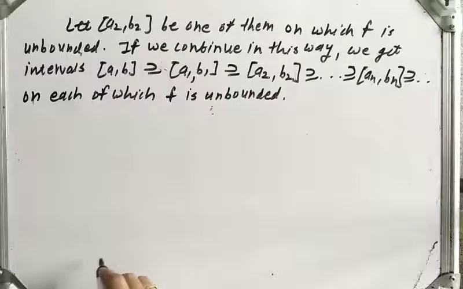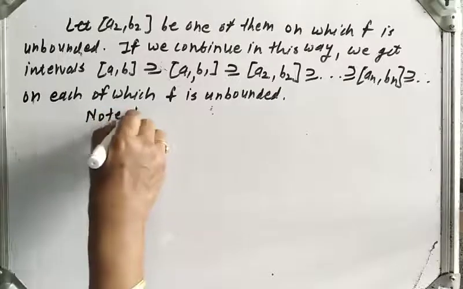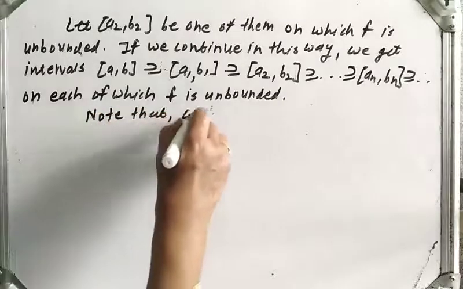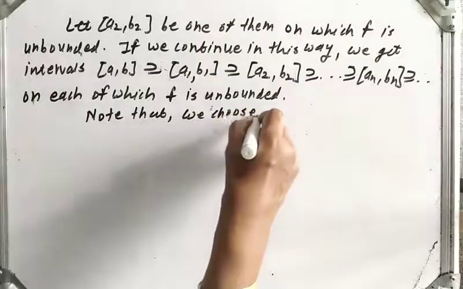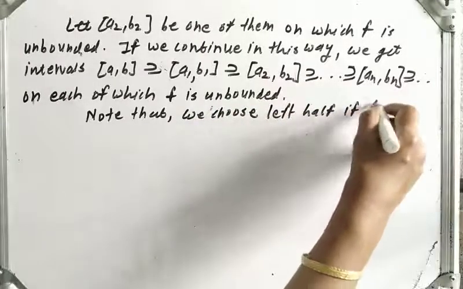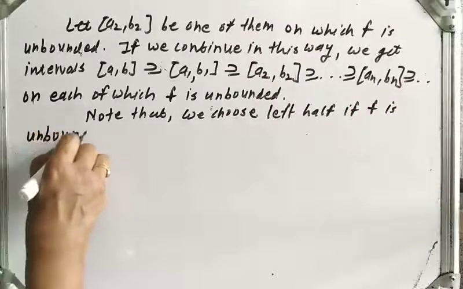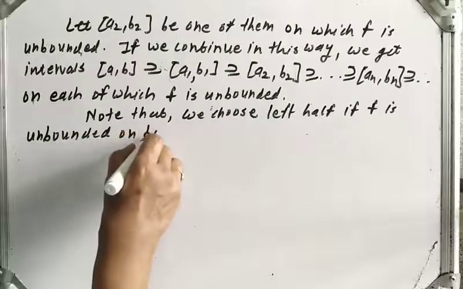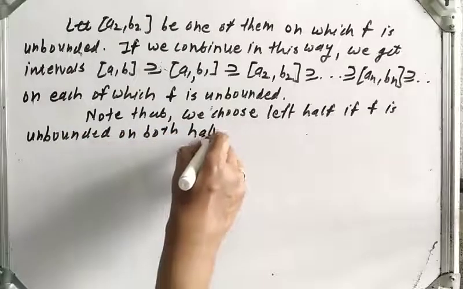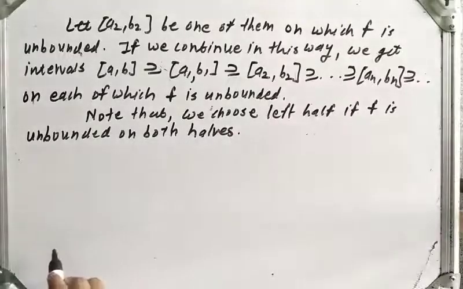Now take a note that if f is unbounded on both halves, we are choosing the left half.